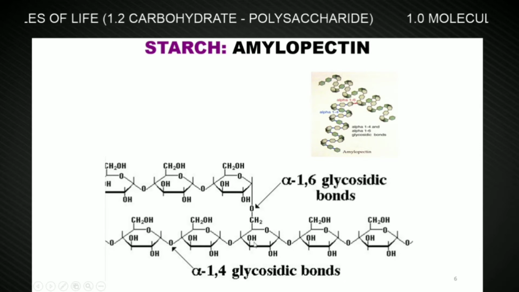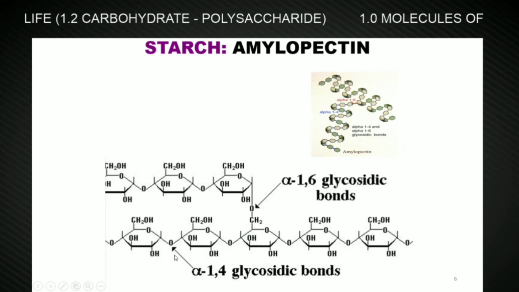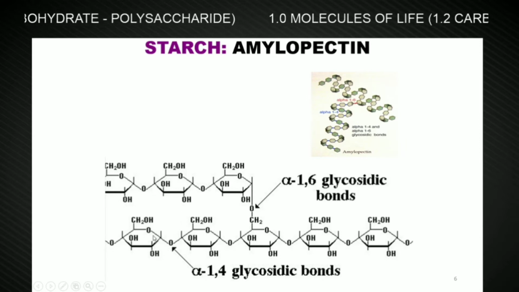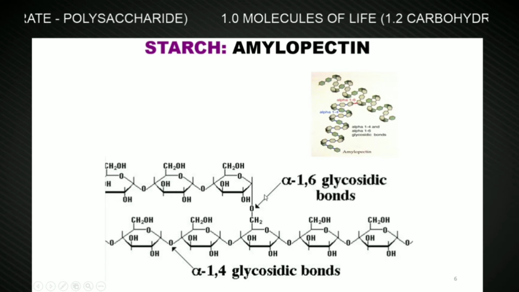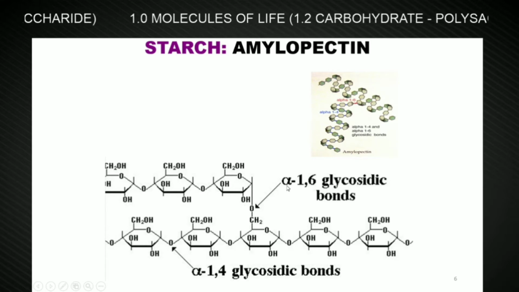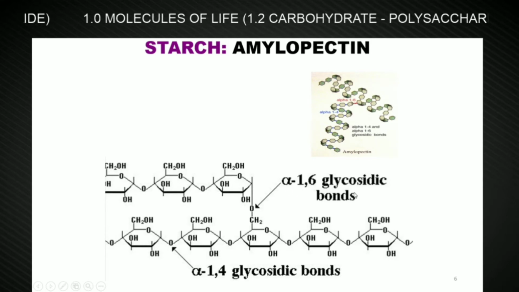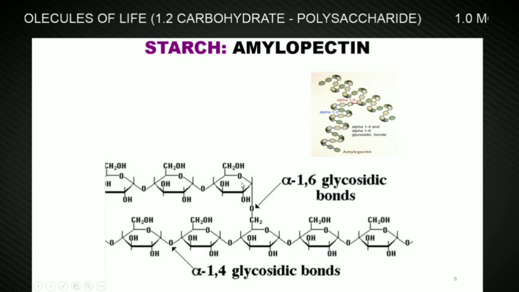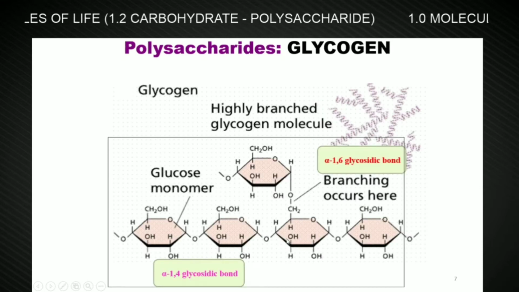So if the question asks you, name the bond here, so for sure the bond here is alpha 1,4-glycosidic bond. Then name the bond at the branch structure. So the bond is alpha 1,6-glycosidic bond because it involves carbon number 1 and carbon number 6 of alpha glucose.